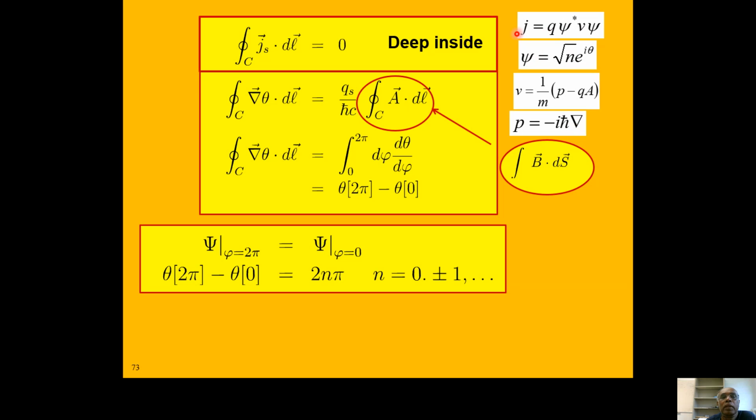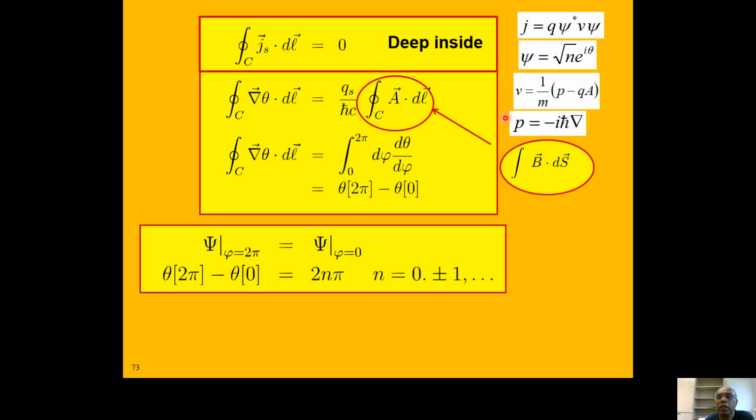Now I can write this Js with this. You need psi star, and you can plug in this number. Then for v, you plug in this operator delta coming here, then psi is again here. So you have to operate delta on psi, and you can keep working on this. It's very simple.